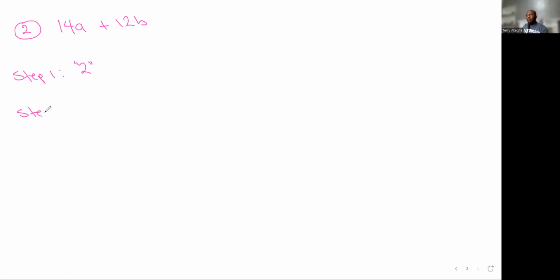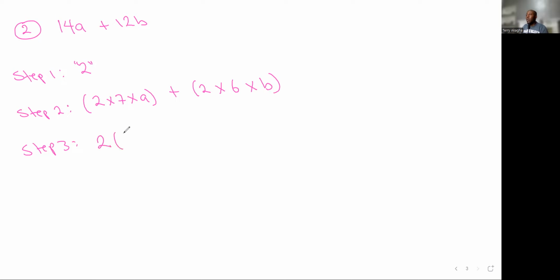So step 2, you can write this as 2 times 7 times a plus 2 times 6 times b. Now, step 3 says that we should collect the like terms. So 2 is common in both of them.